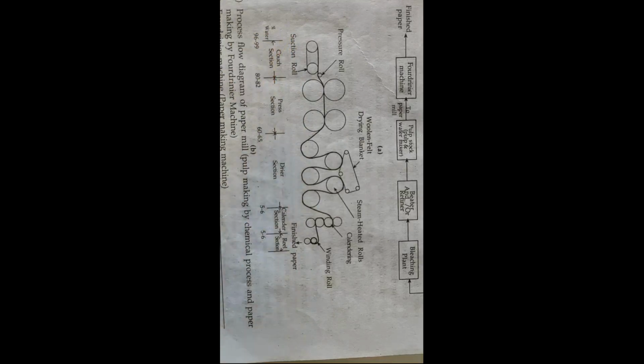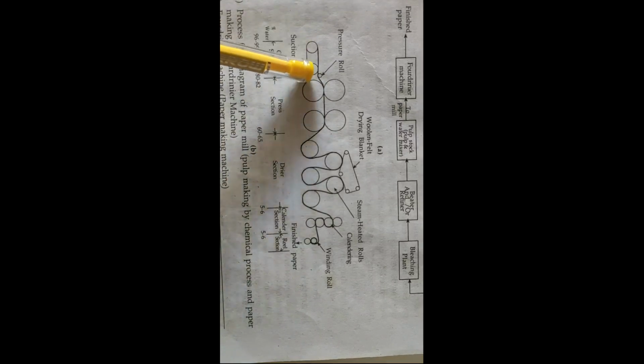can be removed. The pulp consists of 90 to 99% water in this section. Here in the couch section we have to remove a small amount of water. Then again that pulp is sent to the press section. In the press section, the sheet containing about 80 to 82% water is reduced to 60 to 65%.